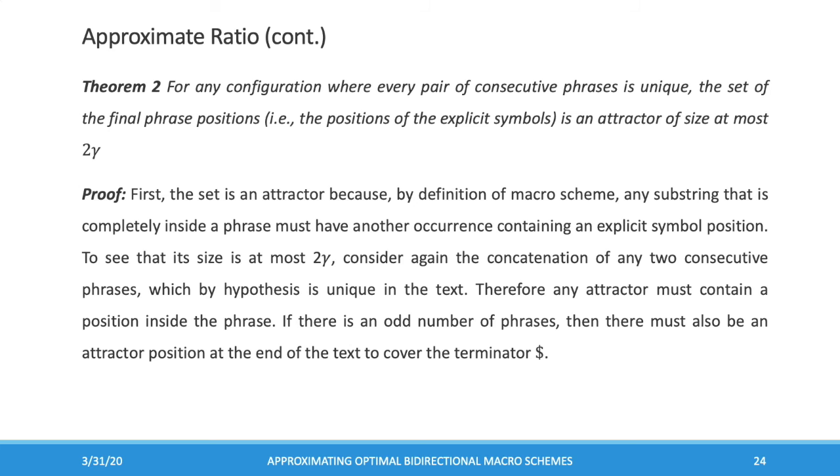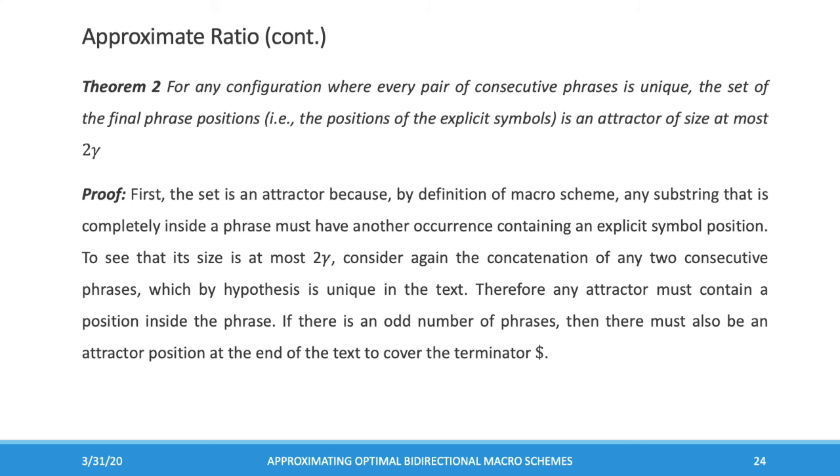To see that its size is at most 2 gamma, consider again the concatenation of any two consecutive phrases, which by hypothesis is unique in the text. Therefore, any attractor must contain a position inside the phrase.